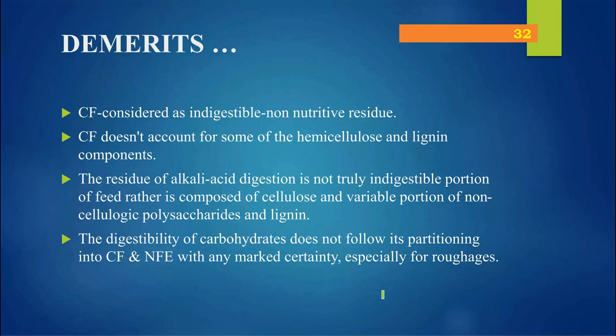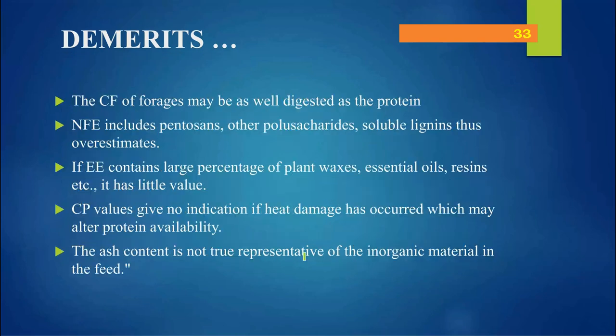The residue of alkali plus acid digestion is not only the indigestible portion of feed but is a compound of cellulose and variable portions of the non-cellulose saccharides, polysaccharides, lignins, etc. So the digestibility of the carbohydrate does not follow the partitioning into CF and NFE.